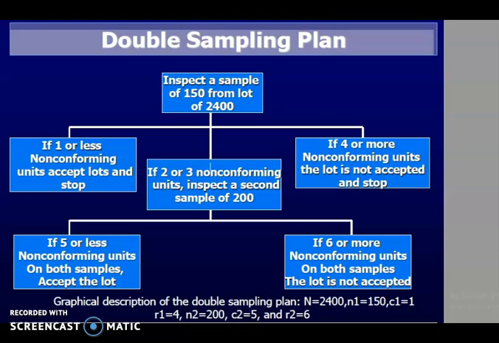Then if the defective component number is 5 or less, we accept the lot, and if it is 6 or more, we reject that lot. So this is an example of a double sampling plan.